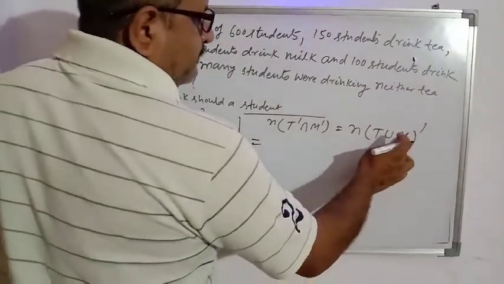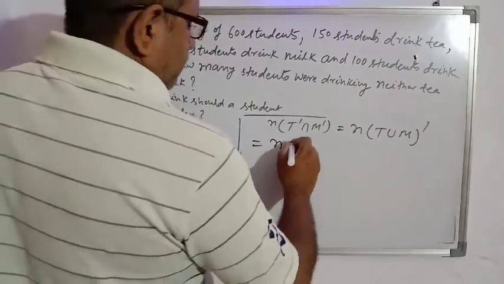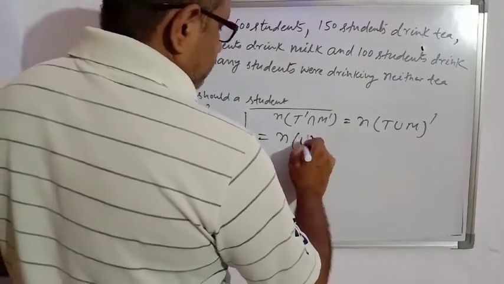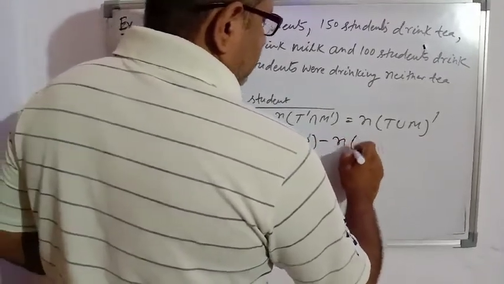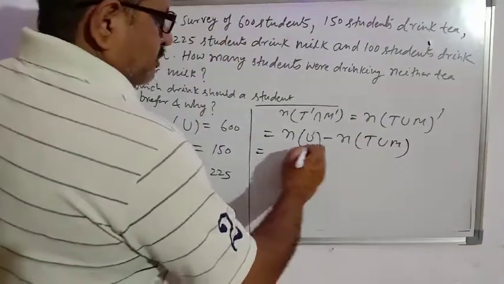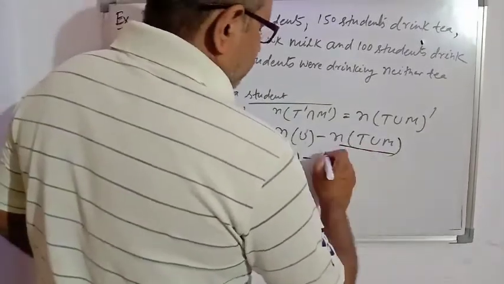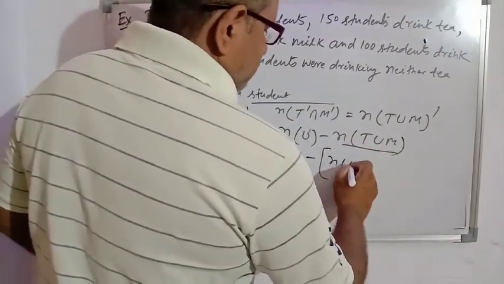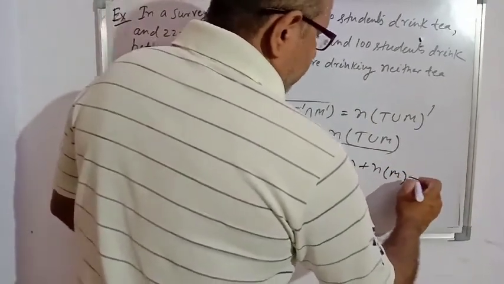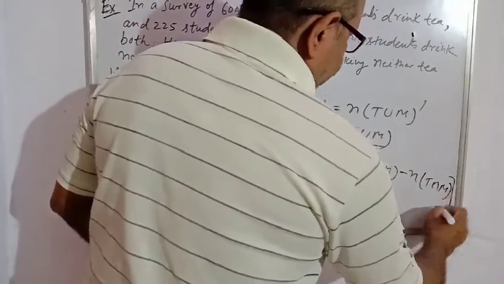So the complement of T union M is n(U) minus n(T union M). What is the formula for this? n(T) plus n(M) minus n(T intersection M).